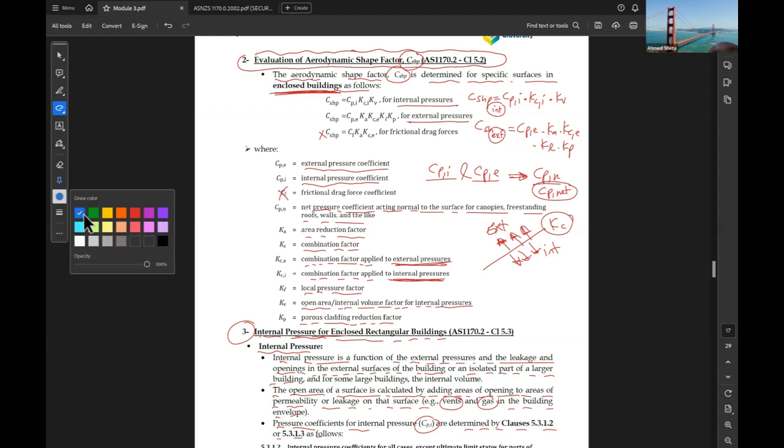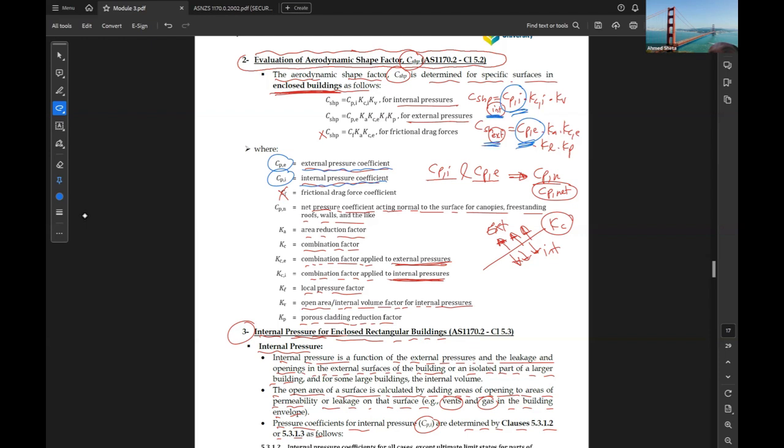The main parameters in these two equations are C_p. C_p is the external pressure coefficient and the internal pressure coefficient. So these two parameters are mainly giving us the C shape internal and C shape external.